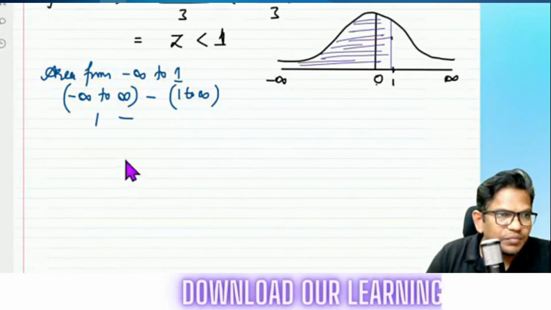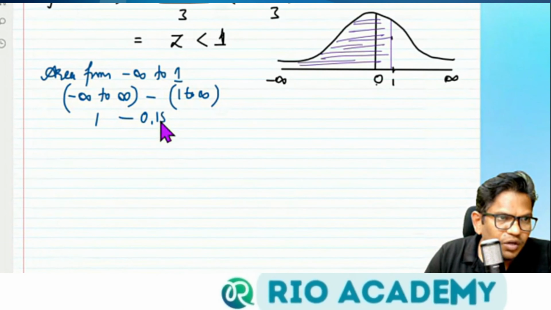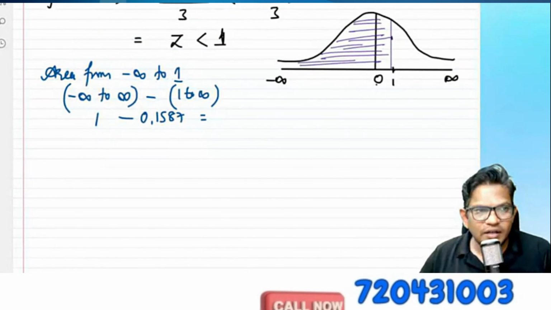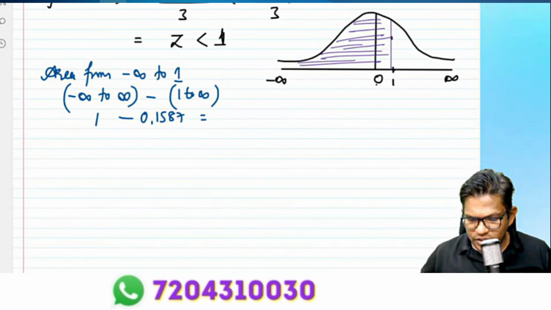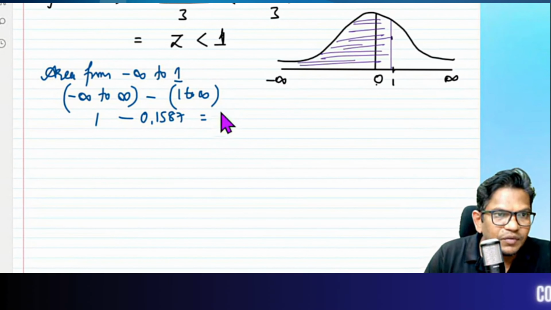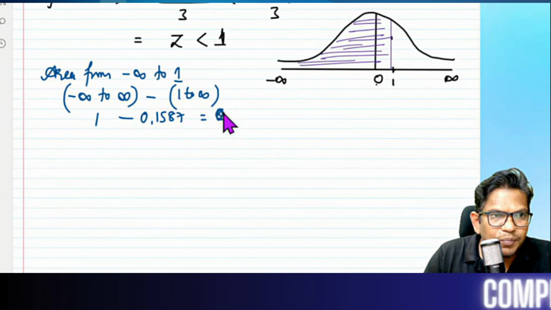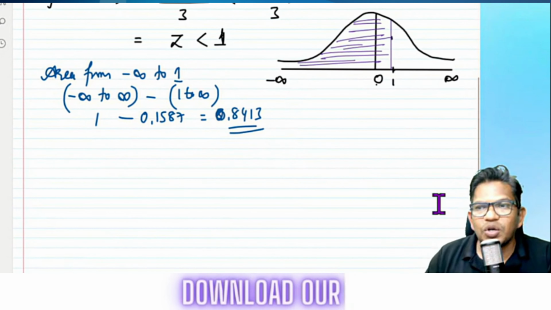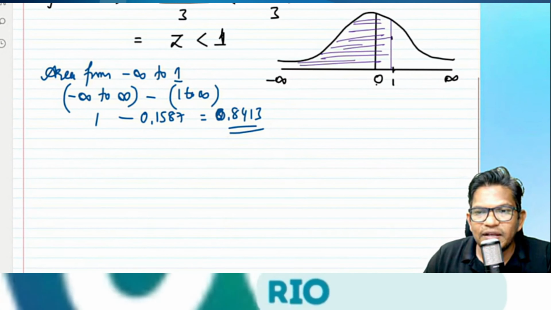The value is 0.1587. So 1 minus 0.1587 comes to 0.8413. Got it, my dear students?